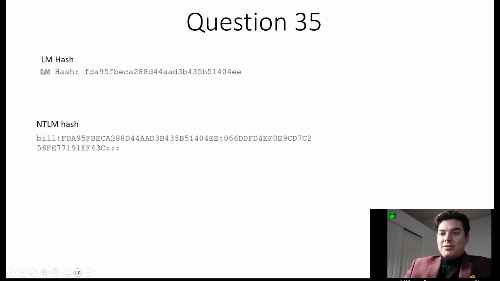If you take a look here, it has the same hash, and then it has the colons. The NTLM has these colons in it, while other hashes like LM or SHA or MD don't have any colons within the output. The weakness here is that this is weak against dictionary lookups, and so is this LM hash.